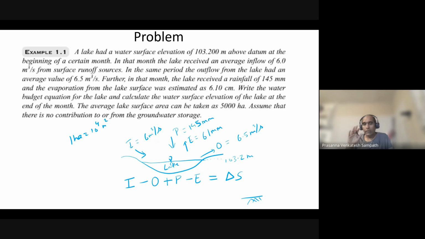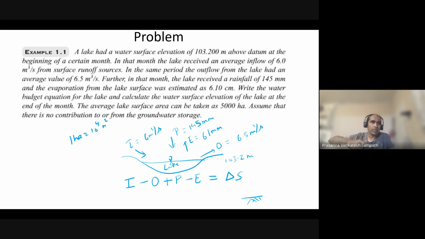Everything should be in L cubed per T, or L cubed, or L. What you choose is up to you, for convenience. The right hand side is the unknown in the equation. If you fill all these terms in meter cube or meter cube per second, you will get change of storage per unit time. Then you'll have to convert that again.